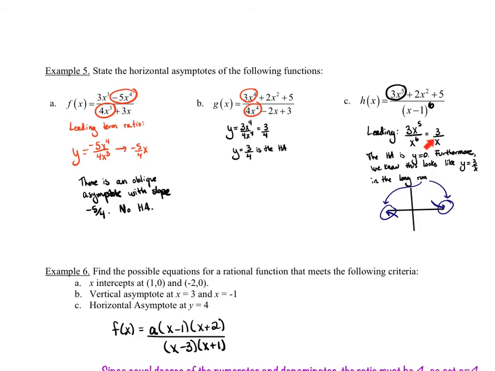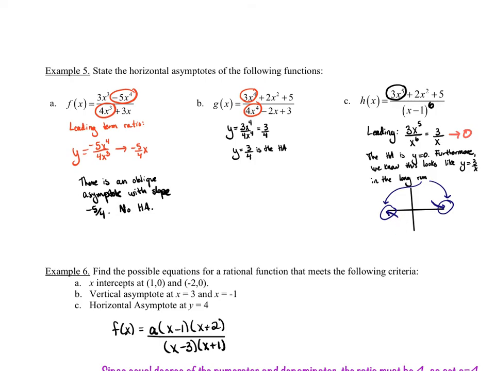That reduces to 3 over x, and if you think about what happens as x goes to infinity, 3 over x is going to go to 0. This actually tells me a little bit more. It tells me that the horizontal asymptote is 0, but it also tells me that this function looks like the reciprocal function in the long run. So in the long run, it's going to approach its horizontal asymptote of 0 from above on the right and from below on the left.